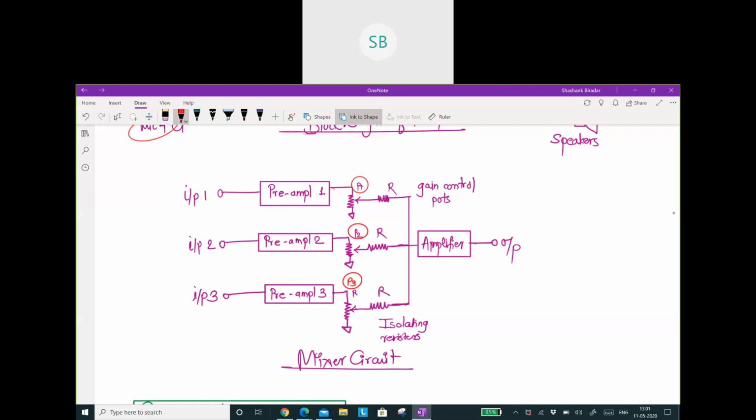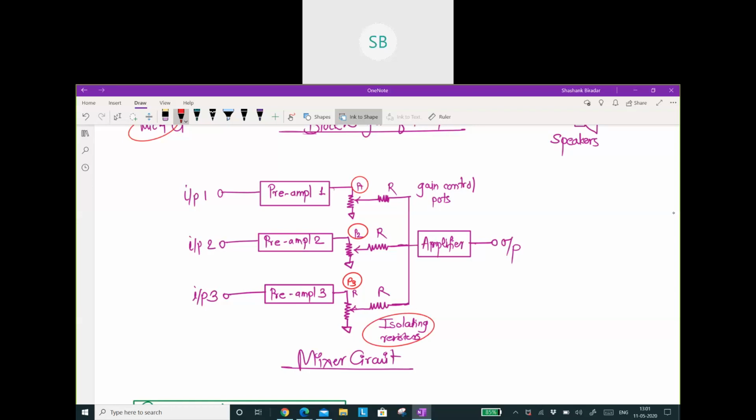At that time, you can minimize the amplitude of the music and increase the gain of the microphone through which the announcement is being made. For that purpose we can use this adjustment. The resistors R which follow the gain control potentiometers are called isolating resistors.